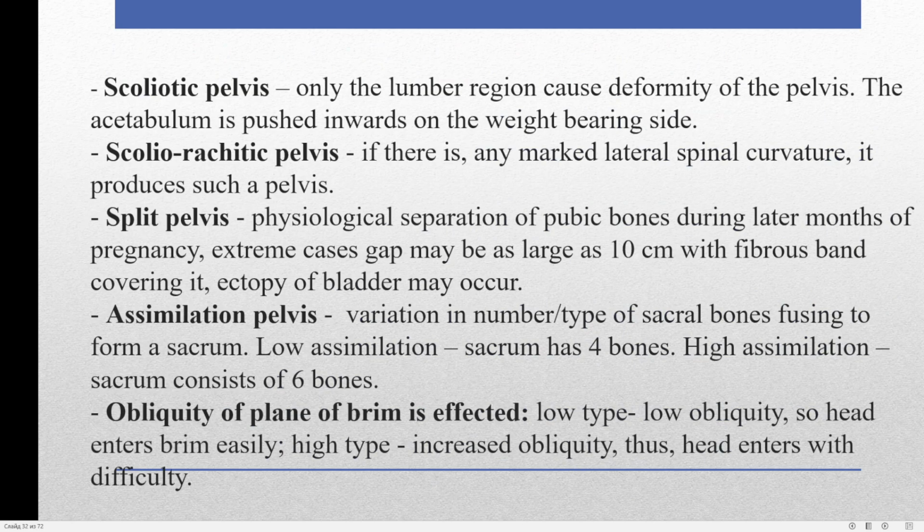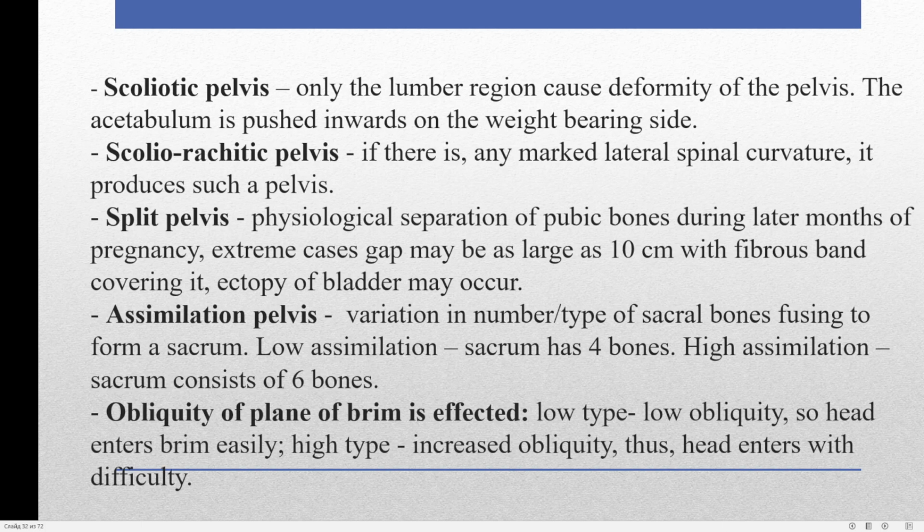Another type of abnormal pelvis is the scoliotic pelvis. Only the lumbar region causes deformity of the pelvis. The acetabulum is pushed inwards on the weight-bearing side. I don't have a picture, sorry.